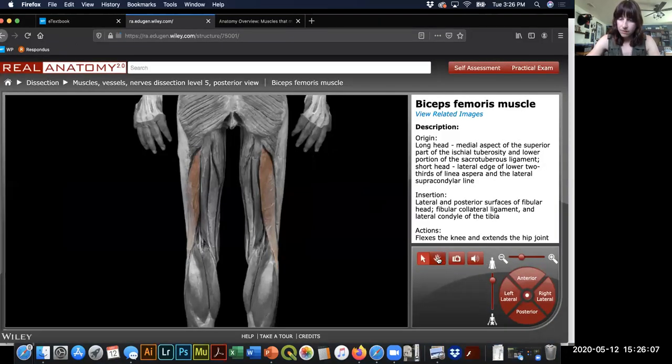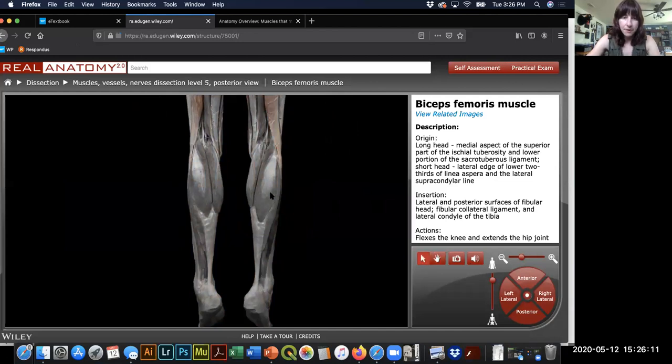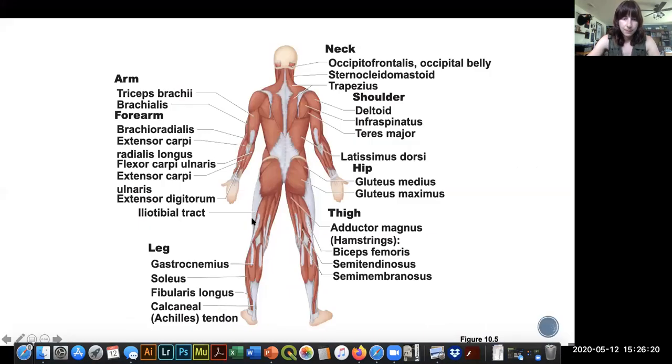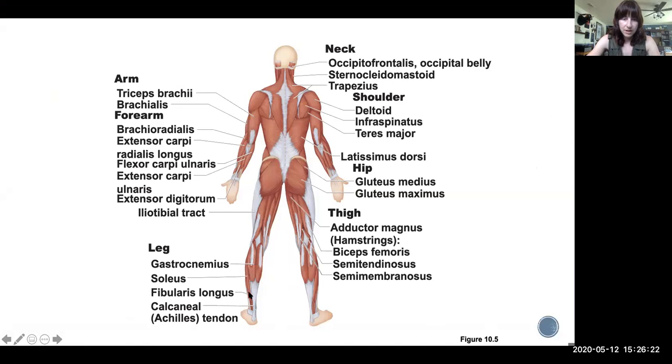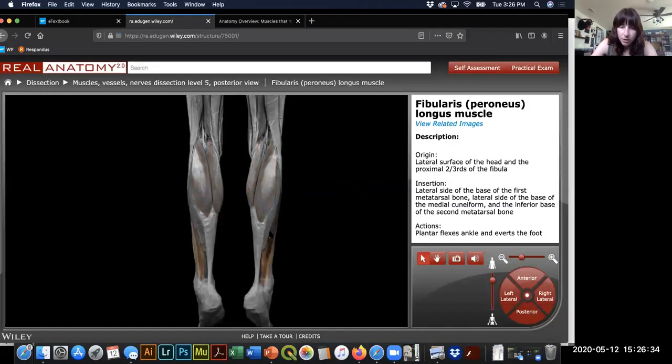Let's see if we can see those from the posterior angle again. Gastrocnemius, soleus, our little synergist friend, both involved in plantar flexion. The Fibularis Longus you can see from the posterior side as well. You can see it even better over here. There we go.